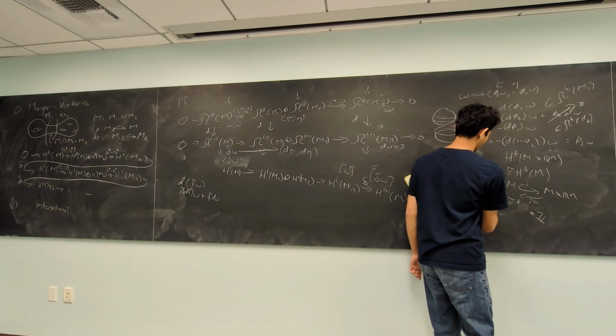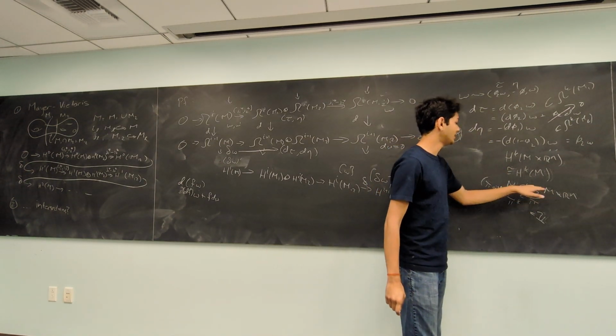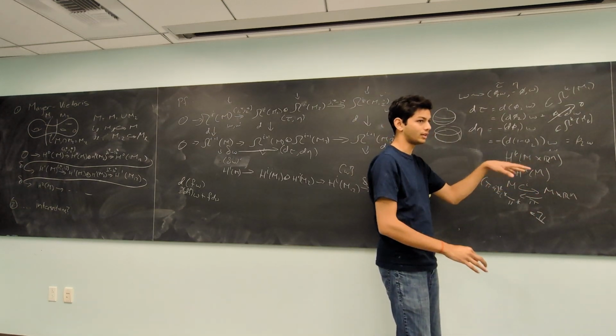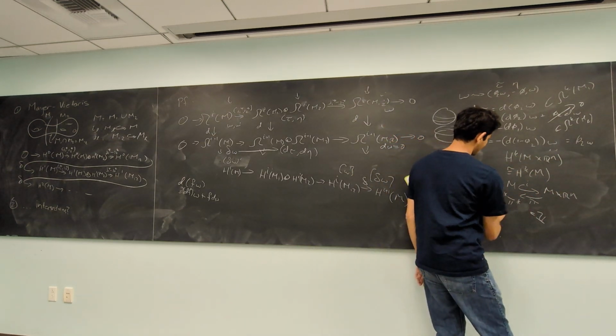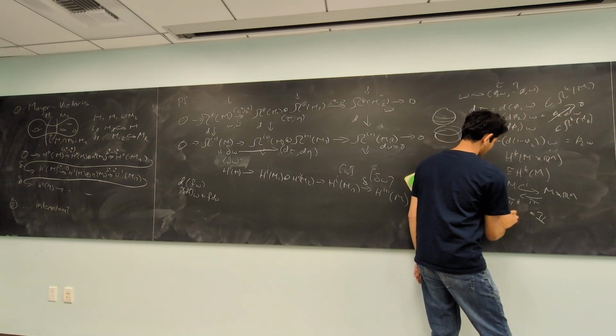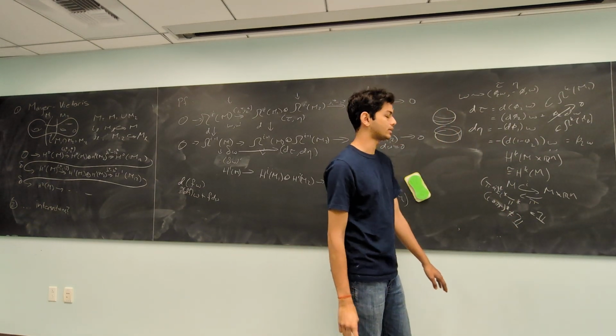But if you project and then include, then you're going to get the zero section. You're not going to get the full thing. So you expect that i composed with pi star is not the identity on the level of differential forms at least.